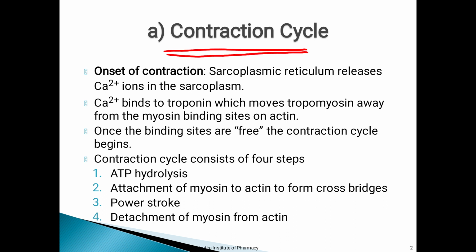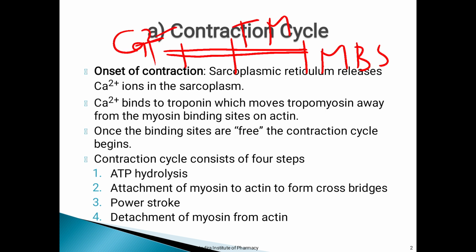Once calcium binds to troponin, it changes its shape, which moves tropomyosin away from the myosin binding site on actin.